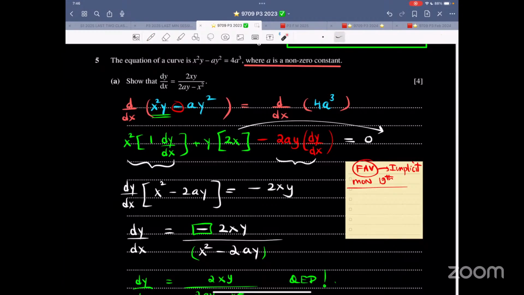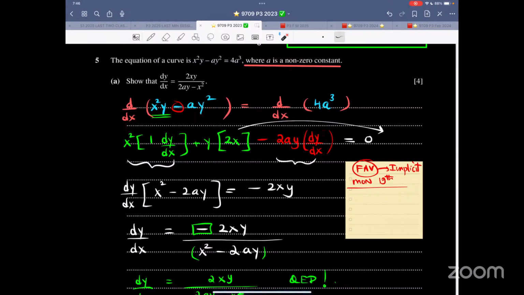Okay, let's move on. X square y, that is to be done using the product rule. X square times derivative of y is 1 dy by dx, and y times derivative of x square is 2x. Minus a y square, a is a constant, so minus a as it is. Derivative of y square is 2 dy by dx. Whenever there is a y, in order to make it compatible, we write dy by dx.